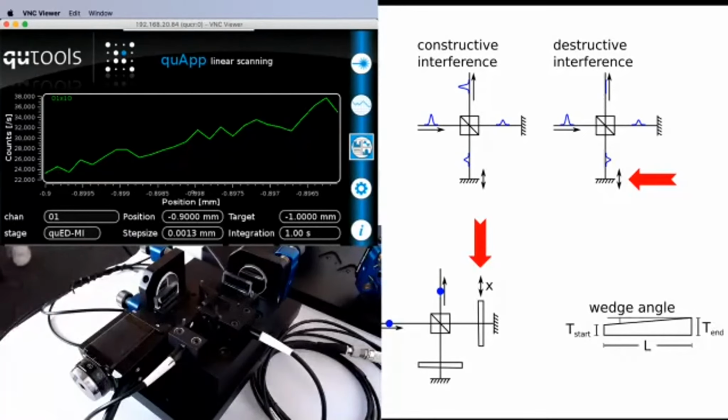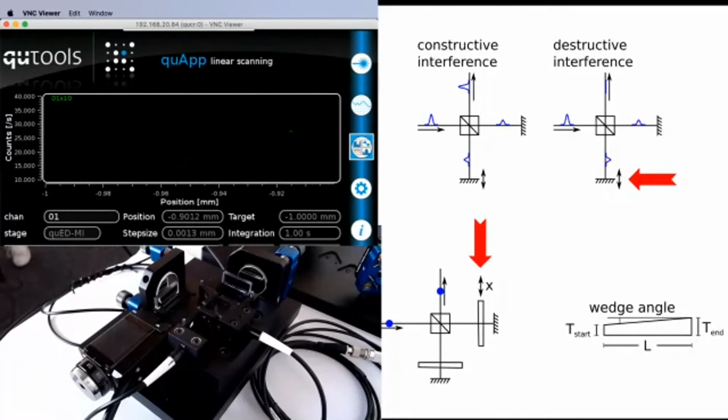So this is not directly connected to the wavelength, for example, but we will see later how this could go. So right, it'll move something like 0.1 millimeter now, from minus 0.9 to minus 1 millimeter. These are just relative numbers. They don't mean anything. Just the relative distance means something. And the step size is something small, and we'll just start it and we can see what happens.